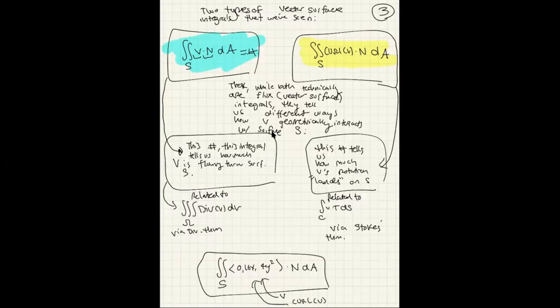But in your head, you've got to know if you're talking about swirly, rotation-y stuff, like in the right-hand column, or if that's telling you fluxy, divergency stuff. So I'll color that in green: the computer doesn't know if it's the left column or the right column.